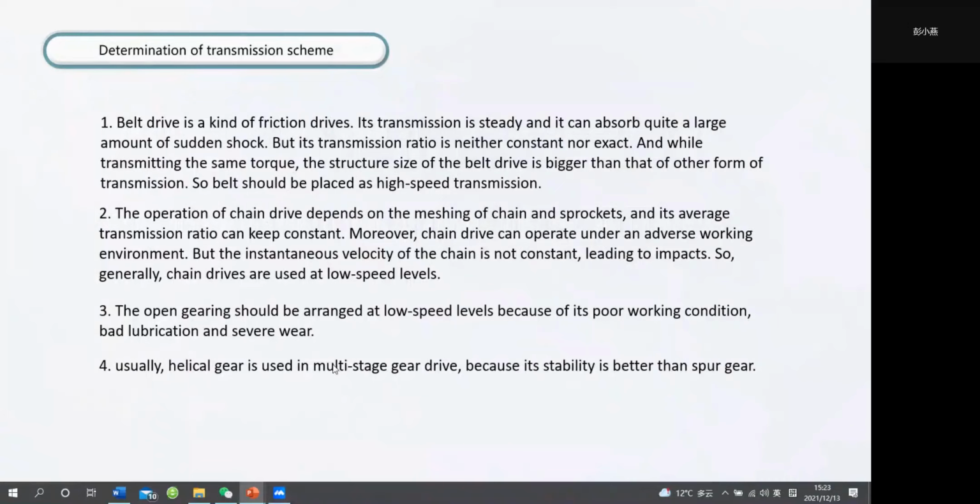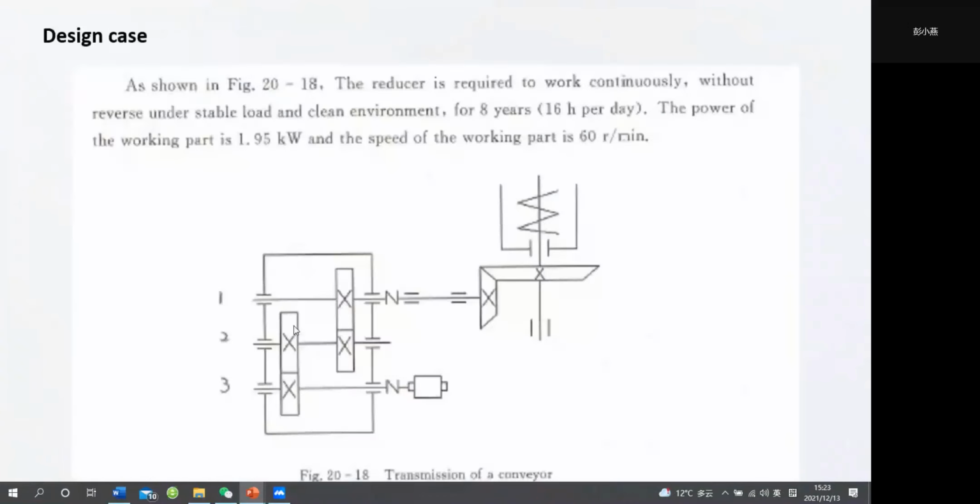So in our course design, we usually choose helical gear. This is a design case as shown in the figure. The reducer is required to work continuously without reverse under stable load and clean environment for 8 years.